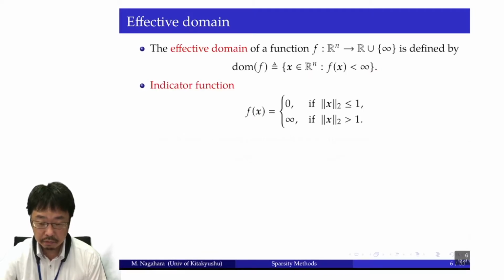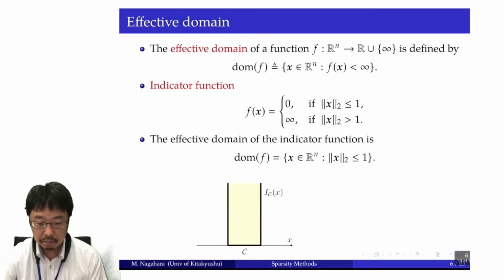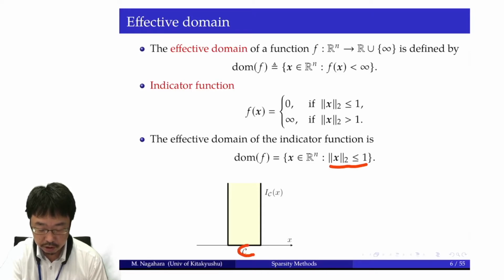For example, let's consider the indicator function defined by this. Then, by definition, the effective domain of the indicator function is the set of x such that the L2 norm is less than 1. This figure illustrates the indicator function and the effective domain C.